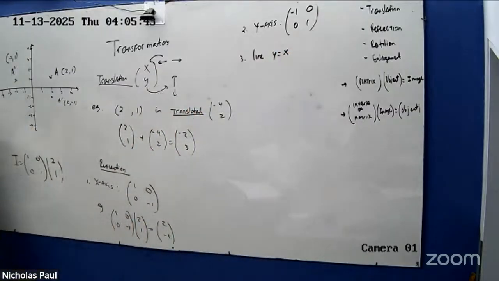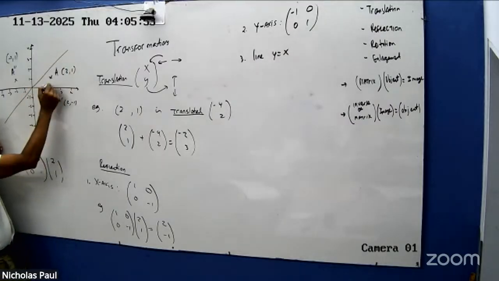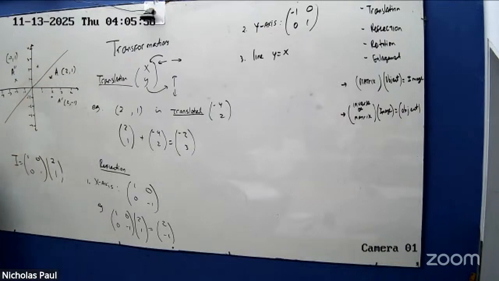I want somebody to guess this one. What happens if I want to reflect in the line y equals x? So if I draw this line y equals x, and I want to reflect it, what will happen?